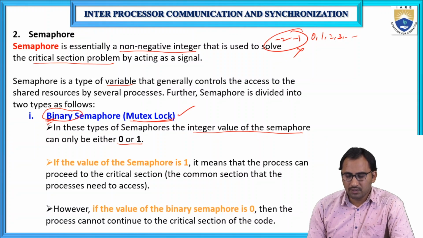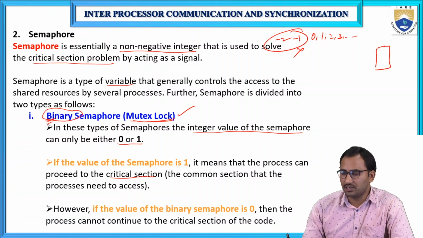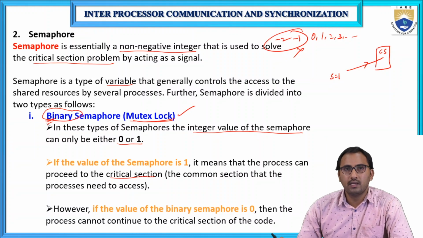So if the value of the semaphore is 1, it means that the process can proceed to the critical section. We have already seen the critical section. So if the semaphore value s is equal to 1, the process can enter into the critical section.